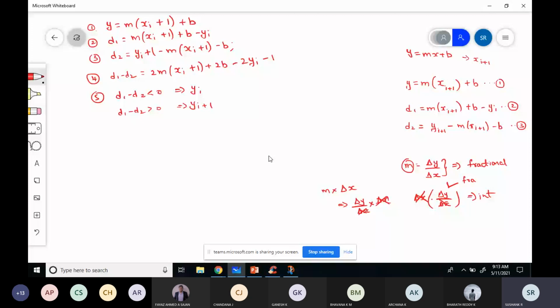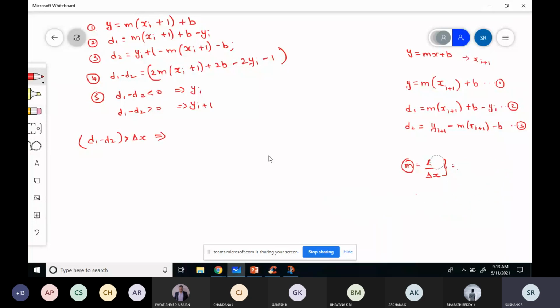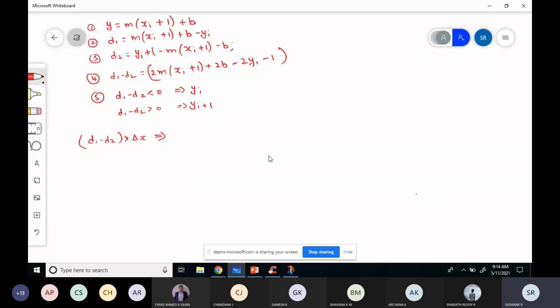Now I'm multiplying this d1 minus d2 with delta x. That is how I'm eliminating the fractional part. So if I do that, what will be my equation?